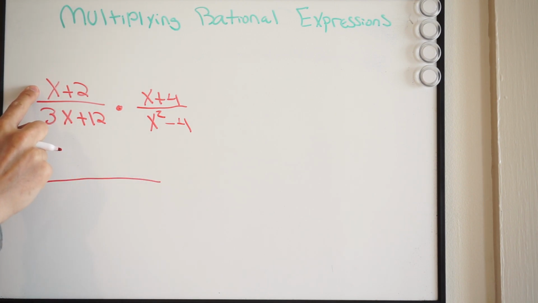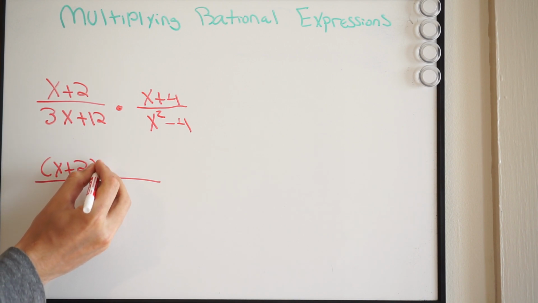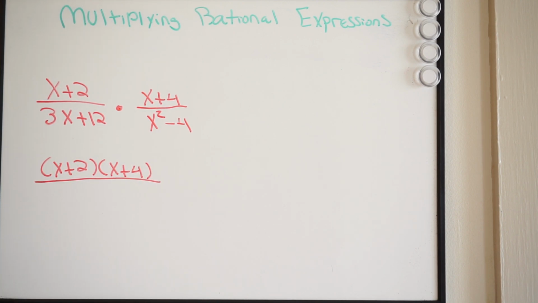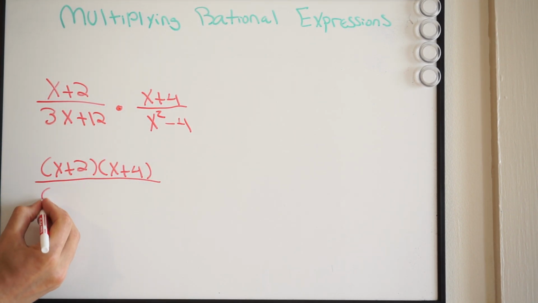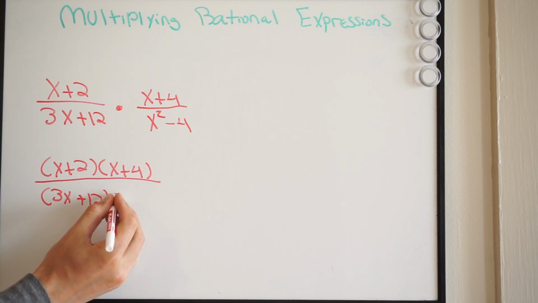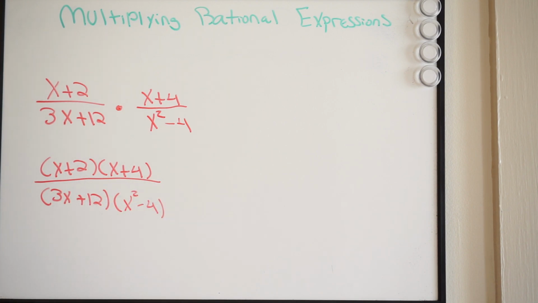If I do x plus 2 times x plus 4, I'll have x plus 2 and then x plus 4. On the bottom we'll rewrite this as 3x plus 12 times x squared minus 4.